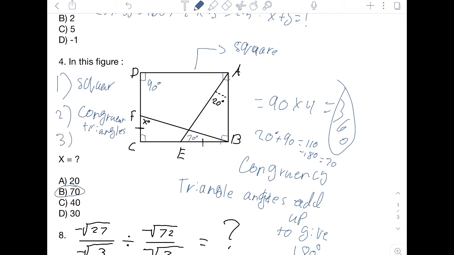And number 3, I knew the angle theorem of a triangle. So angles of a triangle, right? This is really it. This is all I had to do in order to figure it out.